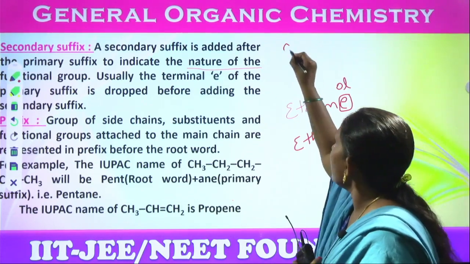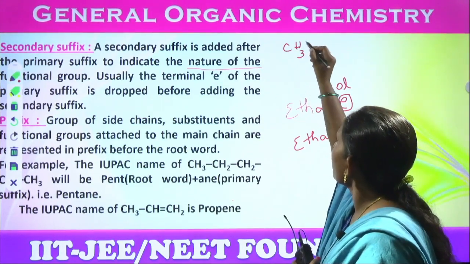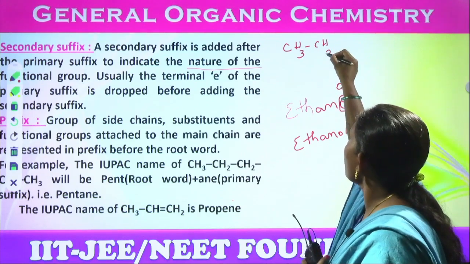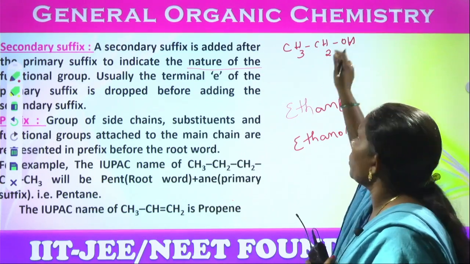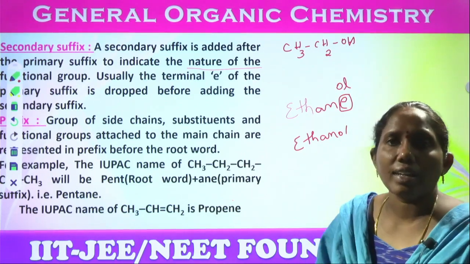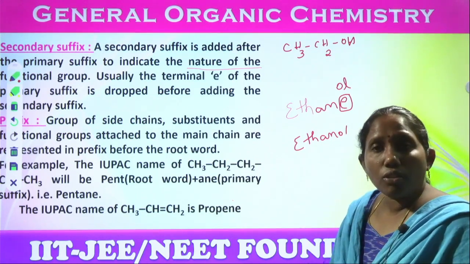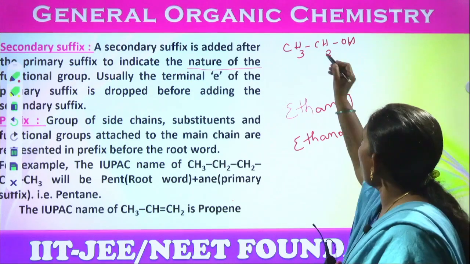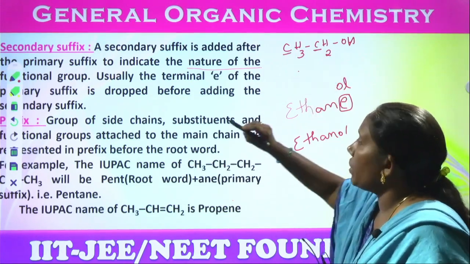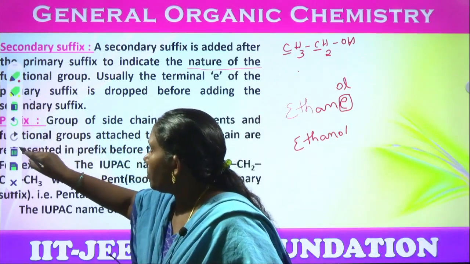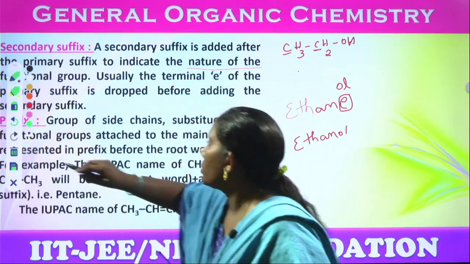See, I will write here CH3, CH2, OH. They have given one organic compound and they are asking to write the name for this. First of all, you have to check for the root word. How many carbons are there in the given organic compound? 2 carbons.